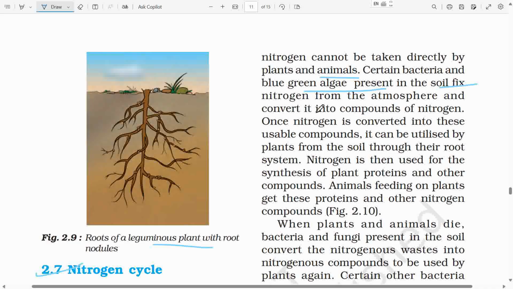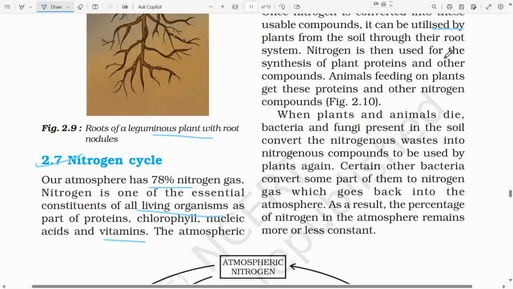Certain bacteria and blue-green algae present in the soil fix nitrogen from the atmosphere and convert it into compounds of nitrogen. Once nitrogen is converted into these usable compounds, it can be utilized by plants from the soil through their root system.